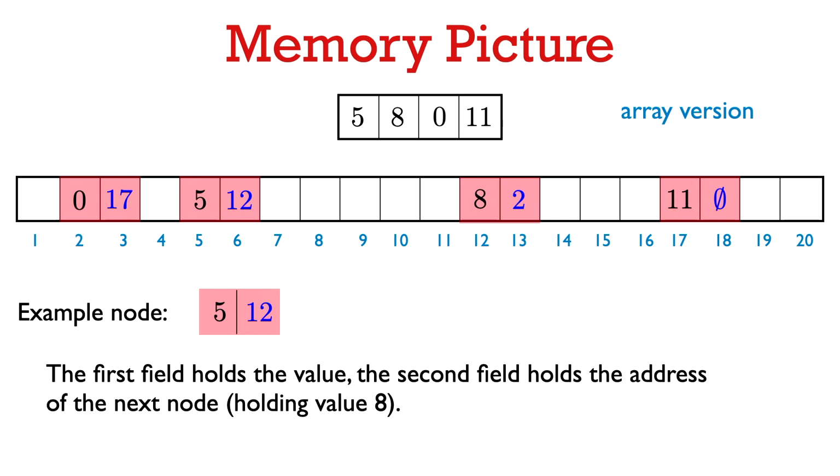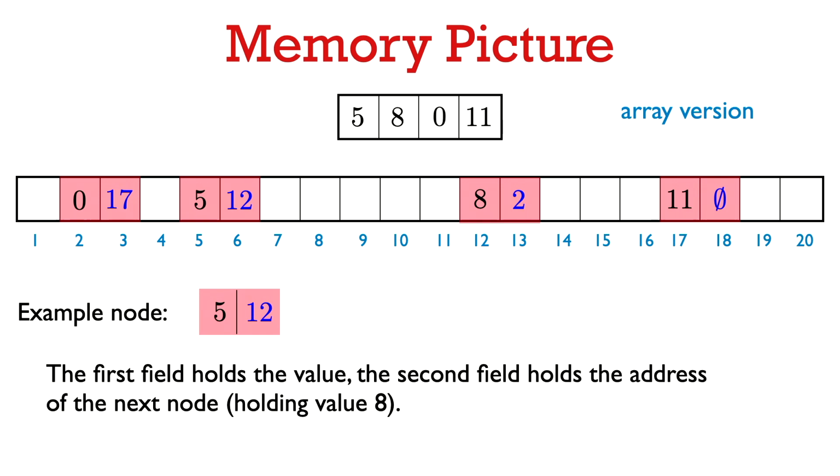So here's an example. Let's say we have a linked list with the values 5, 8, 0, and 11. The nodes containing these values can be anywhere in memory. So you see that the node with the first value, 5, is at address 5 in our memory.